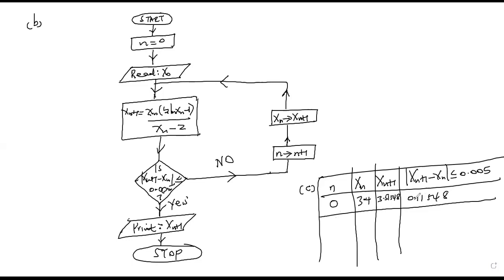Still, you can see that this error is bigger than the value you're interested in. So you will take another iteration, whereby this one now works as our value of xn: 3.51548. When you substitute it, you get 3.51286, and when you take the error, you get 0.00262.